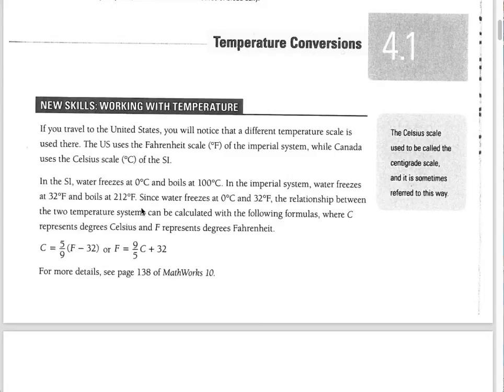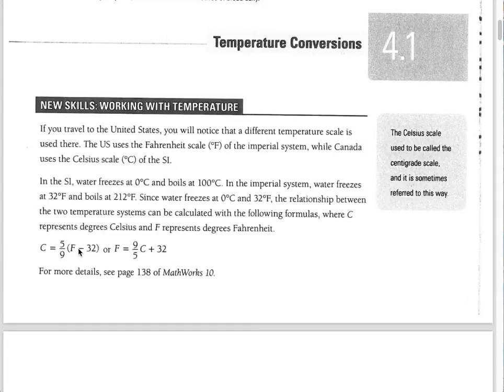Often the ovens we use on stoves will work in Fahrenheit, and if they're electronic they can actually change between both. Since water freezes at 0 C and 32 Fahrenheit, the relationship between the two temperature systems can be calculated, and here are some formulas to go from one to the other.